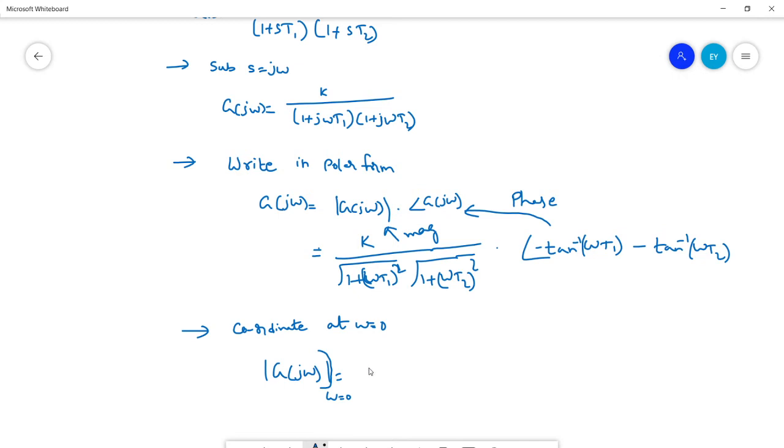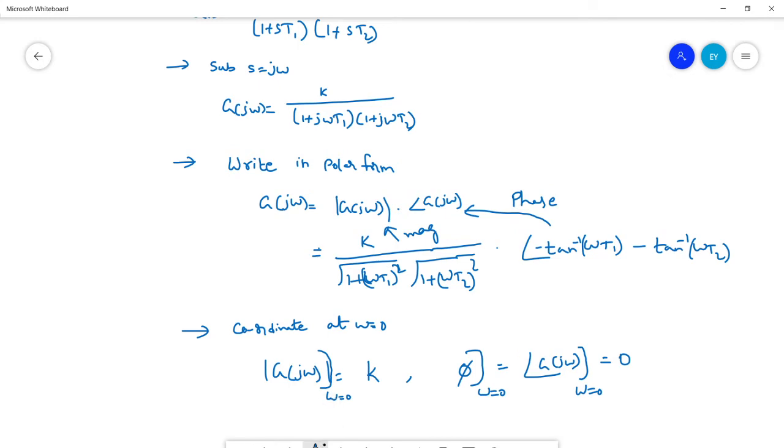So K by 1 is nothing but K. Similarly for phase, if you substitute ω equal to 0, tan inverse of 0 is 0. So the phase at ω equal to 0 is 0.